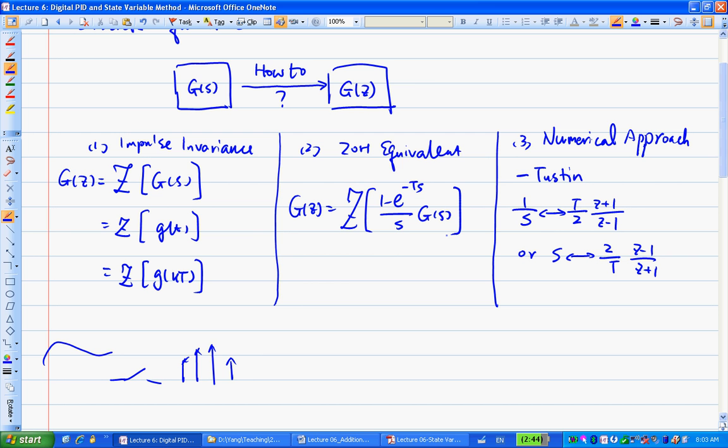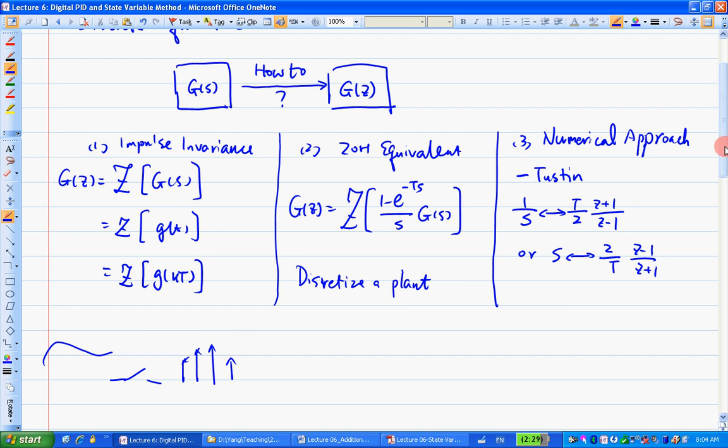Usually you apply this equivalence when you're trying to discretize a plant. So when you have a plant, you can use this to discretize it. And the third approach, in general, is called the numerical approach.